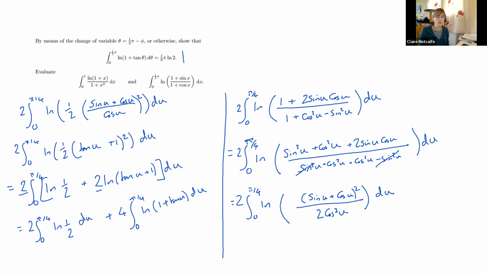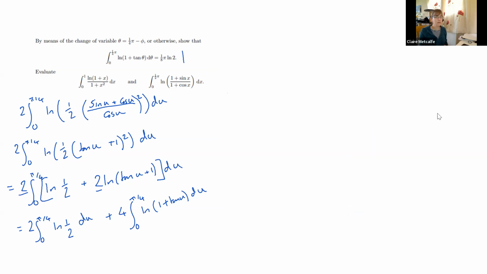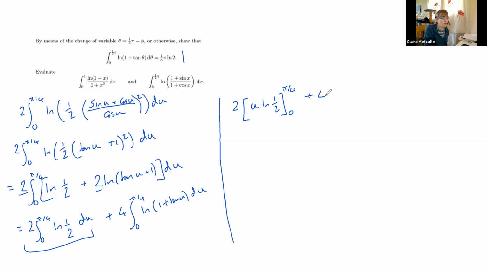So I'm going to delete a bit more working. And then let's just do the final push. We have got 2u times log a half. So that's integrating this first one, remembering that log a half is just a constant between 0 and pi by 4, plus 4.